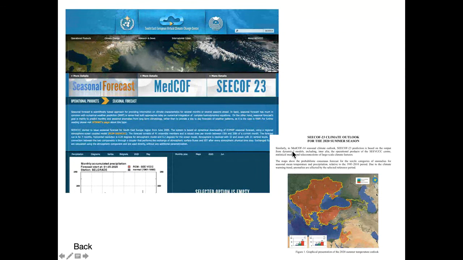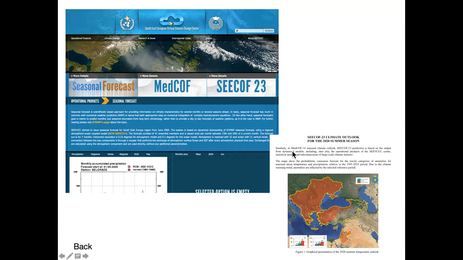Another example is another climate outlook forum, which are a series of forums managed by the World Meteorological Organization. Here you have a more specific and detailed analysis for a specific geographical area, in this case the eastern part of Europe.